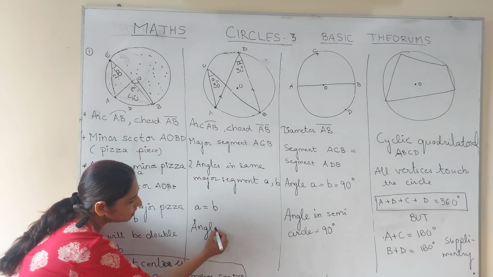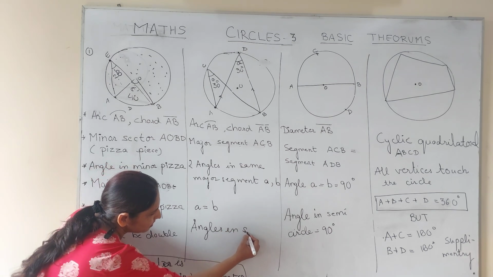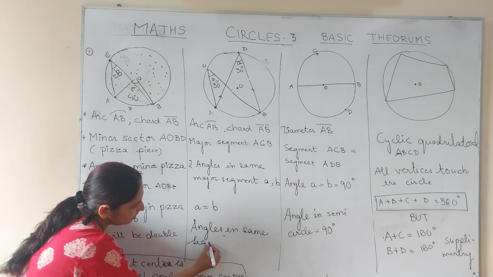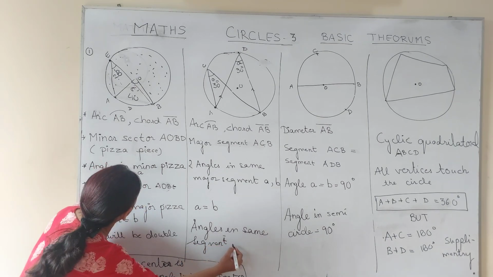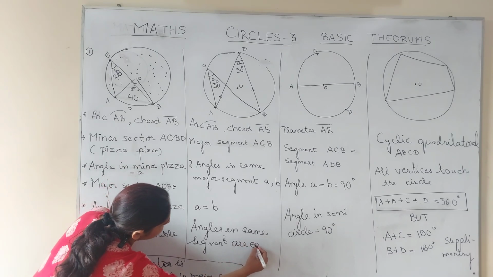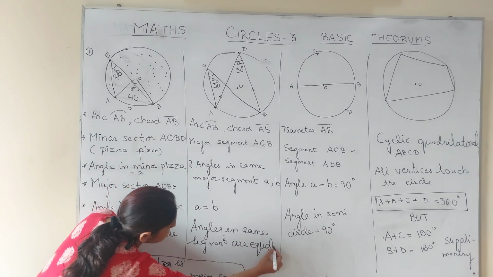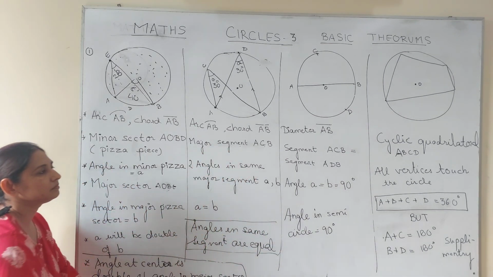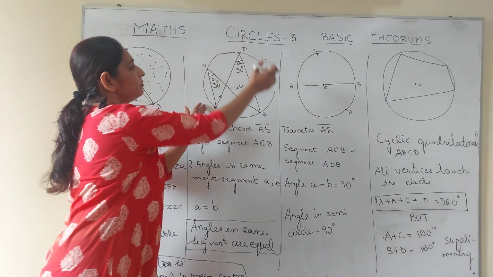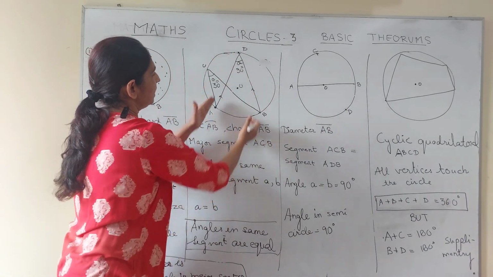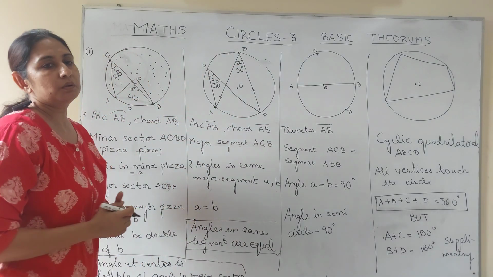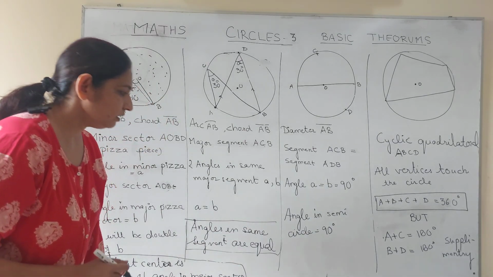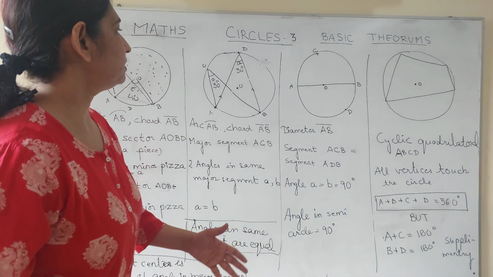Angles in same segment are equal. That's what is the mathematical definition of this. Sure. Same segment, same sector, in it you have made two angles, they will be equal in values. Angles in the same segment will be equal. Let's come to the third theorem.